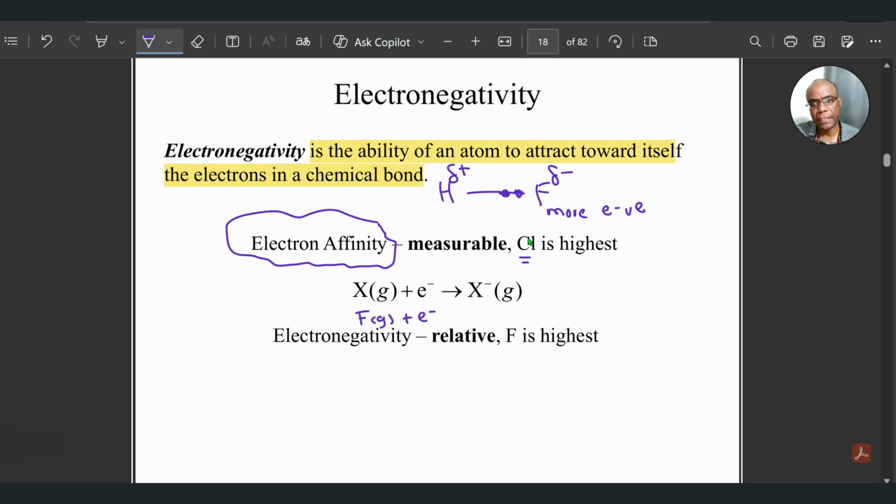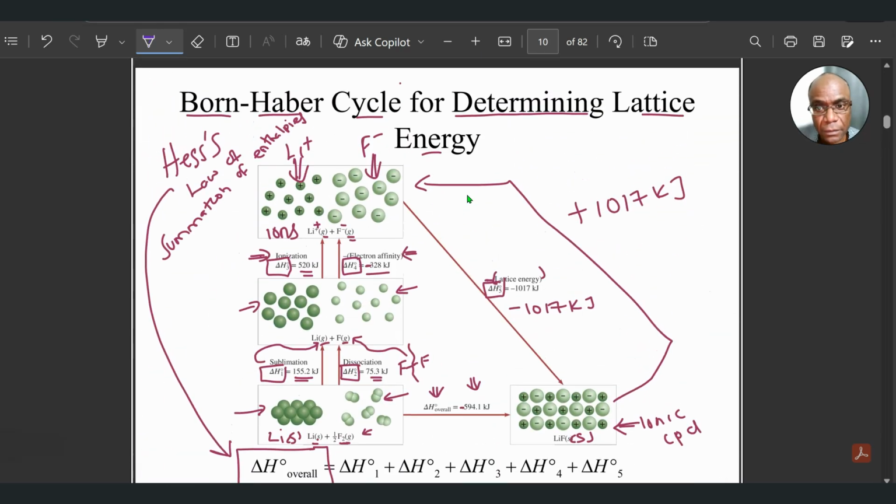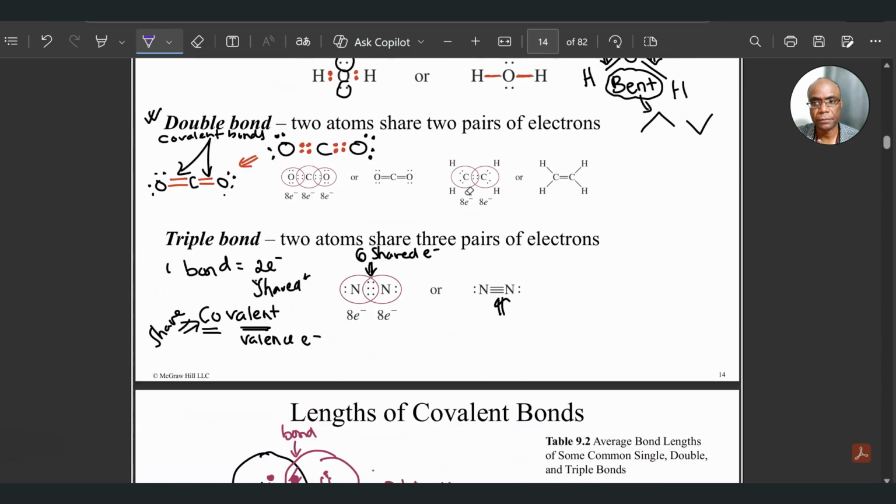When it gains an electron, it gives you a fluoride, and the resultant heat released, delta H, for the electron affinity, is going to be equal to what we saw before here in the lattice energy calculations. Right here, negative 328 kilojoules.